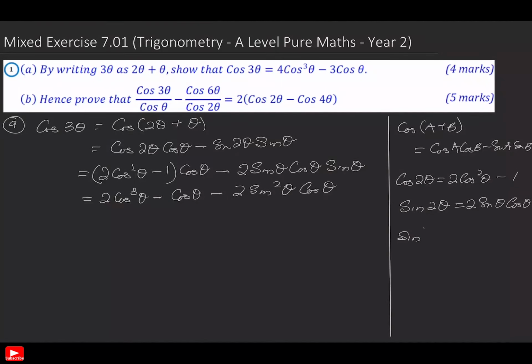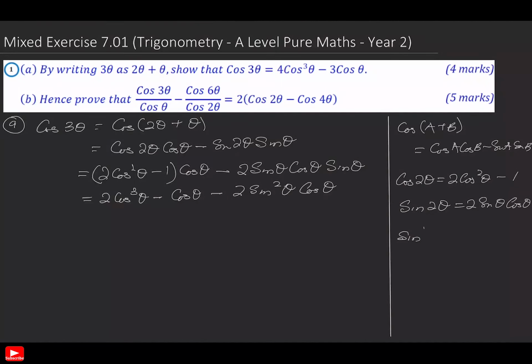If I do that, I'm going to get the 2, then instead of this one, I'm going to replace it with this: brackets cos 2 theta plus 1, then minus 2 brackets cos 4 theta plus 1.